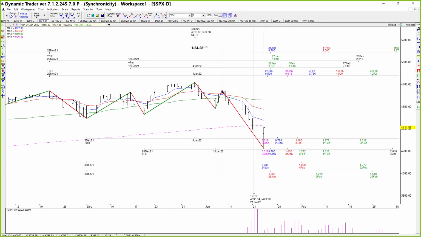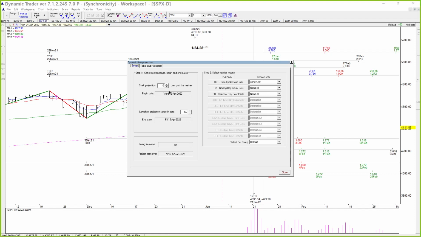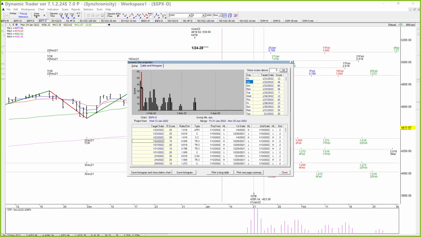Here I measure from this last high for the next possible low and just run a report with the histogram. It showed with the histogram that the timing was the 23rd, 24th, pretty much. Or the 22nd would have been included, but that was on the weekend.